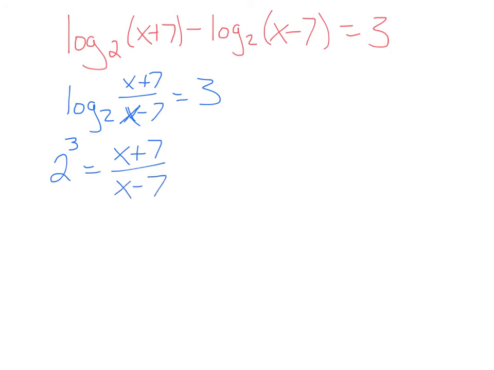Okay, and so then we're going to multiply through, or cross multiply, however you want to think about it, by the denominator x minus 7. So it's going to be 2 cubed times x minus 7 equaling x plus 7. 2 cubed is 8.